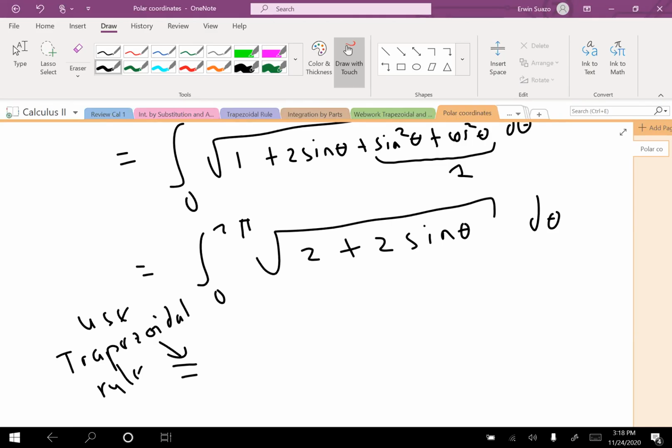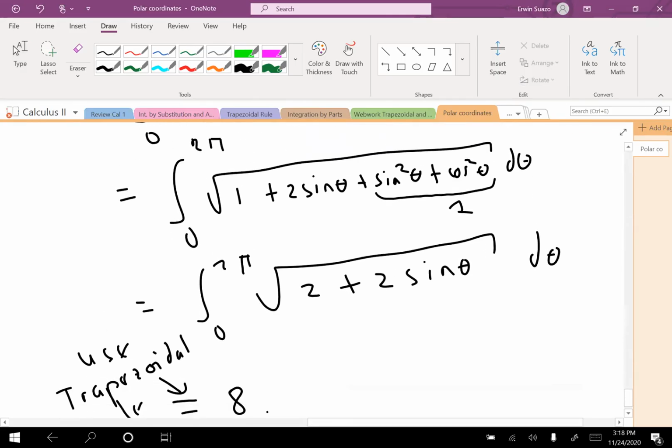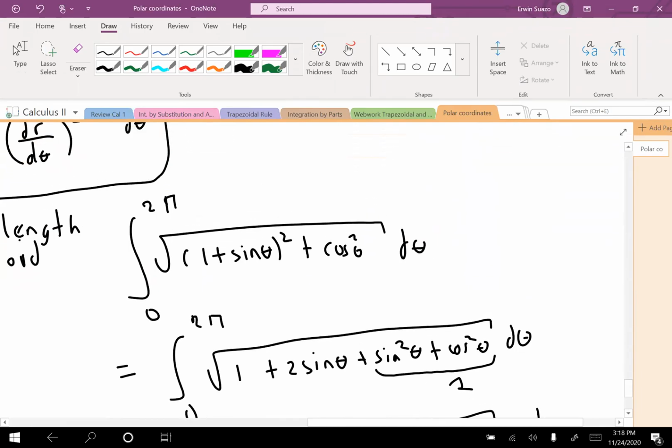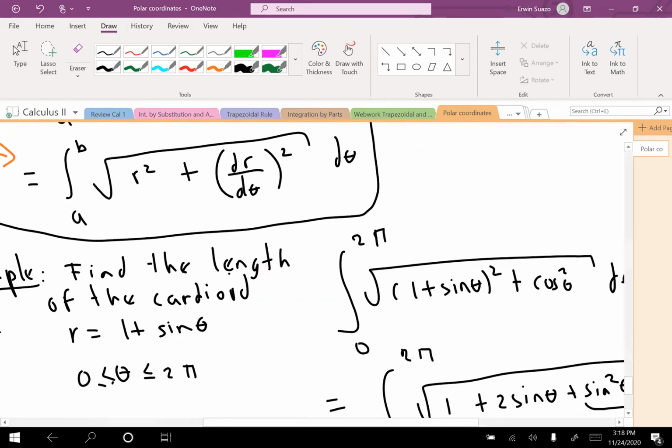And then this should give you 8. So you see that there are ways to use this section to approximate integrals. But I will make it very similar to what we have over here. Okay.